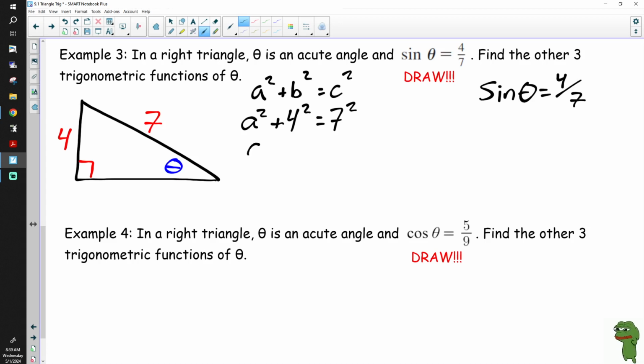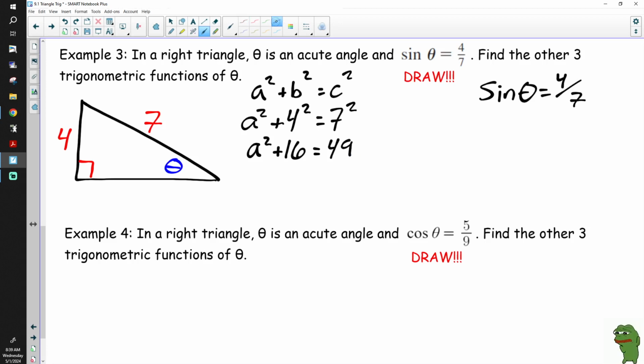So we have A squared plus 16 equals 49. In order to get A squared, what am I going to do? How do I get A squared all by itself? Subtract my 16.